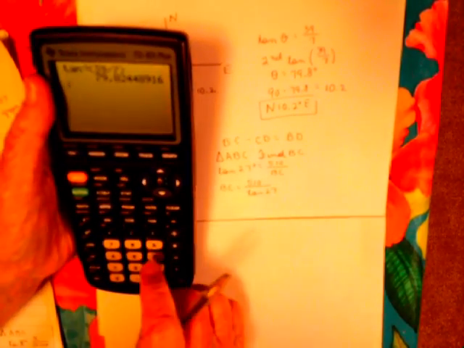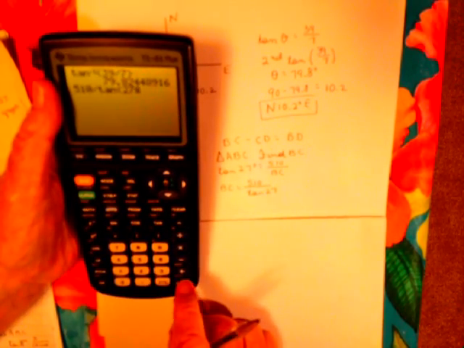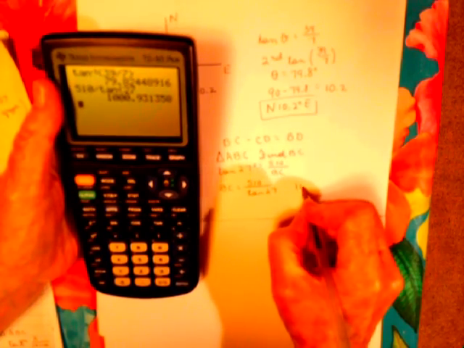Tangent of 27 degrees equals 510 over BC. BC equals 510 divided by the tangent of 27. Put that in your calculator. 510 divided by the tangent of 27. You have 1000.9.